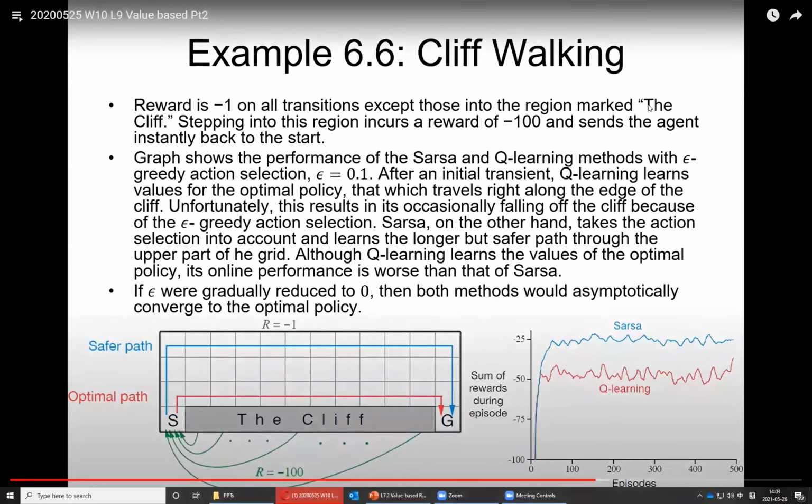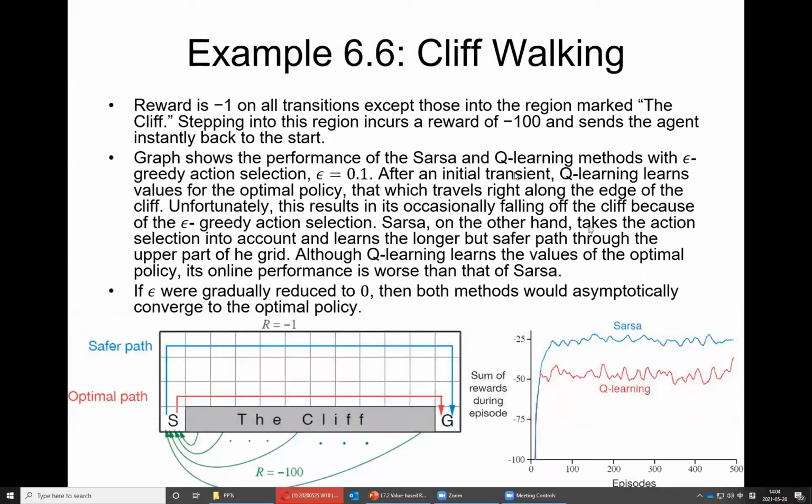But occasionally it falls into the cliff because of the epsilon greedy action selection. So Sarsa takes the action selection into account because it's an on-policy algorithm, so it learns the safer but longer path through the upper part of the grid.